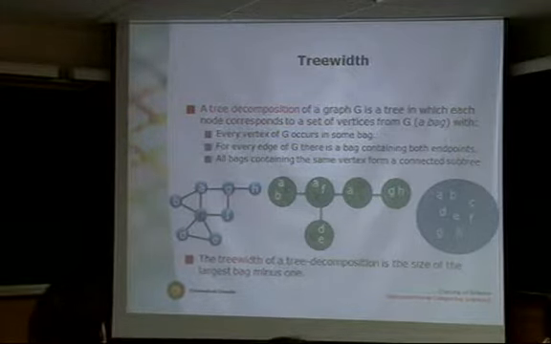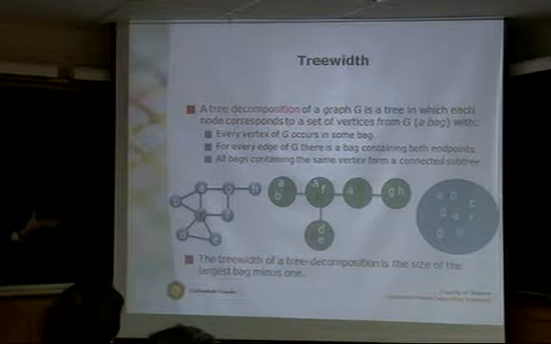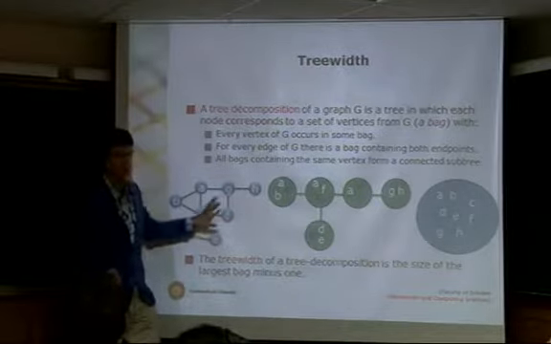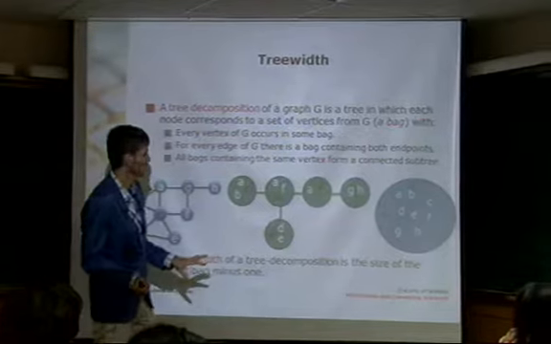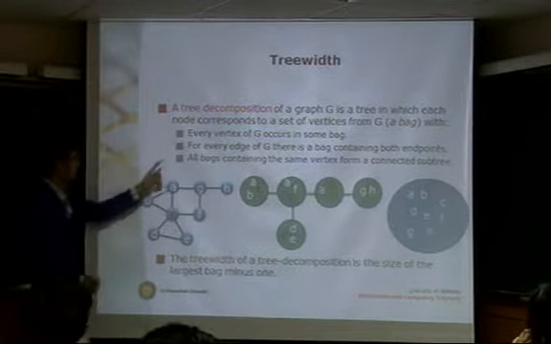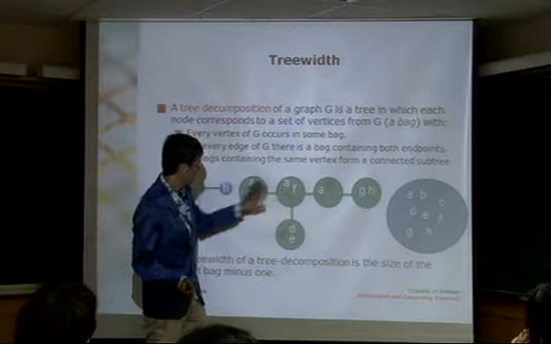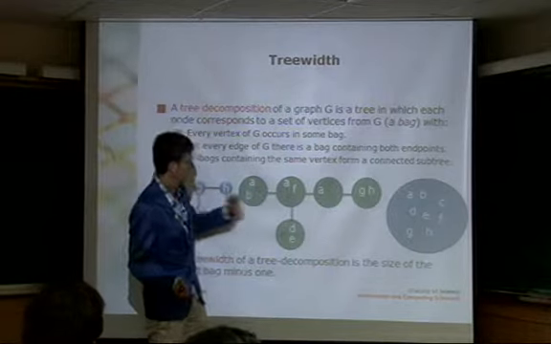So what is tree width? How do you define tree width? It's defined in terms of a structure which is called a tree decomposition. If I have a graph, I associate to the graph a certain structure called a tree decomposition, and it should have 3 properties. Every vertex should belong to at least one bag. So you have a tree, and for every node of the tree you associate a set of vertices.